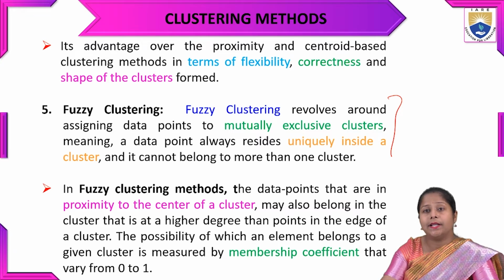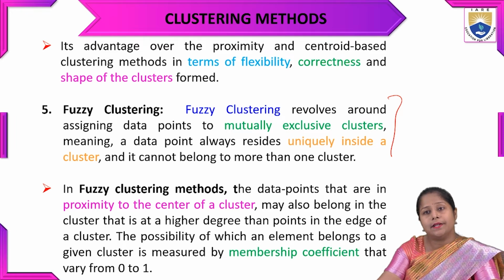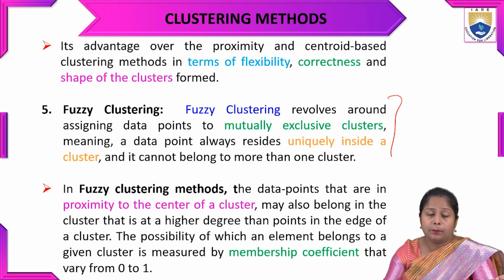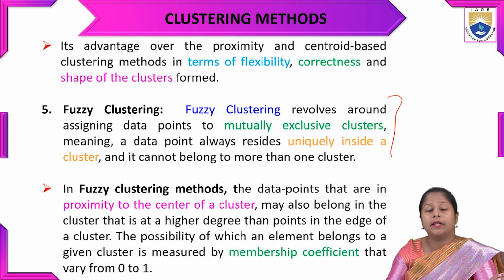So in the fuzzy clustering method, there is a membership. The data points that are proximate to the center of a cluster will belong to that cluster, with a higher degree for those points. There is a possibility for one element to belong to a given cluster, and that works on membership coefficients.